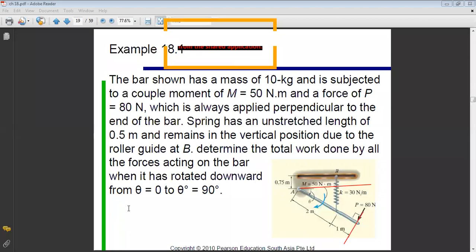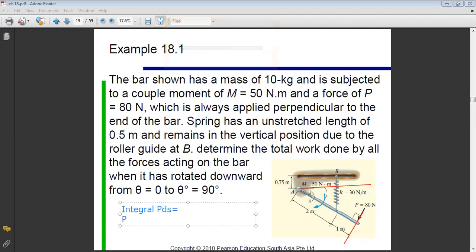I can say that it's the integral of P ds, okay? But P is constant in magnitude, so I can say that the work is equal to P times delta S, okay? What is delta S? How to calculate the total linear displacement?